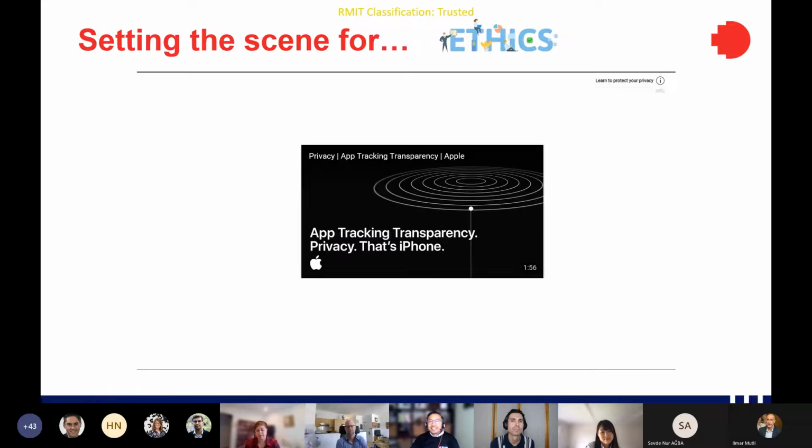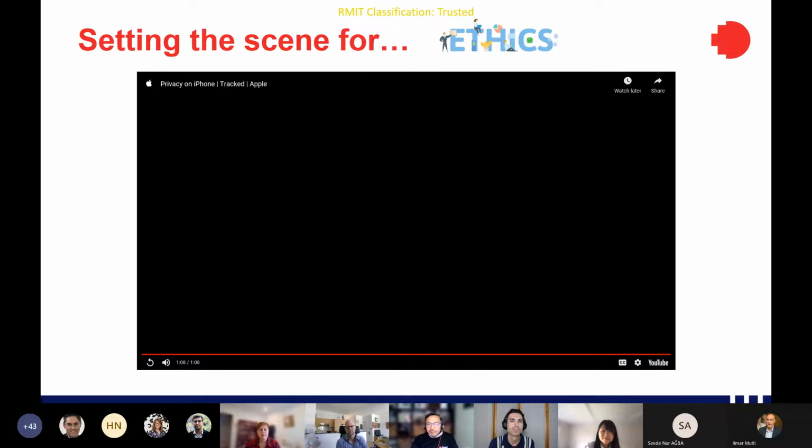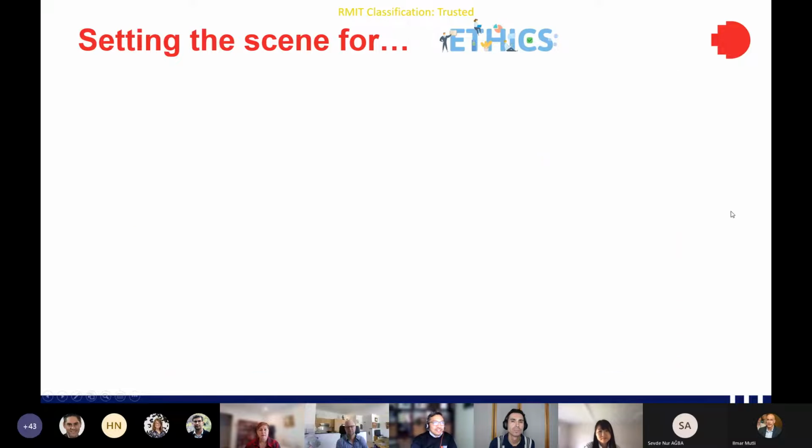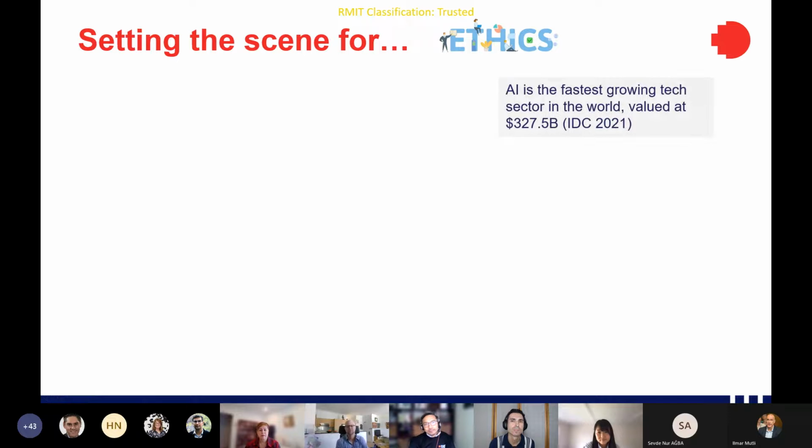It's interesting, the concept that in a very digitally connected world, our information is everywhere, and sometimes it's like having strangers in your living room with you. The next thought starter I wanted to share is that AI is the fastest growing tech sector in the world. It's valued at $327.5 billion, which is even bigger than the GDP of many sizable countries.